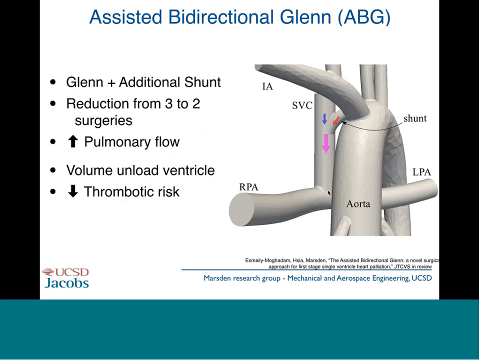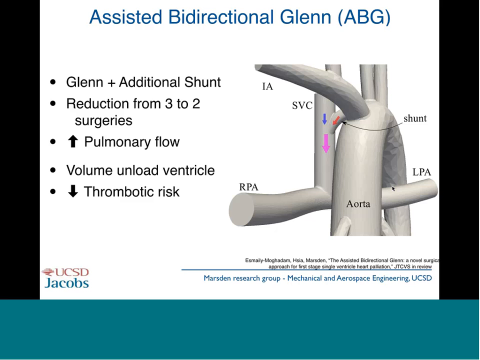So our goal would be, if this was successful, we could potentially reduce the number of surgeries from 3 to 2, increase pulmonary flow, volume unload the ventricle, and potentially decrease thrombotic risk, since if this small shunt clots, you're left with the traditional Glenn connection that you would do at 3 or 4 months anyway.